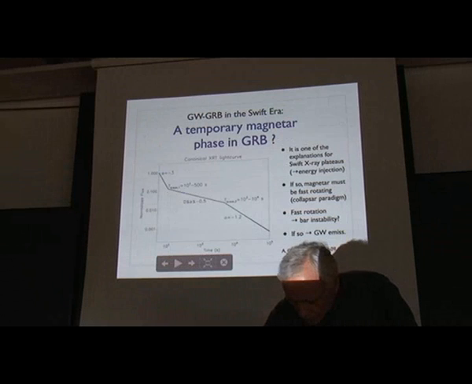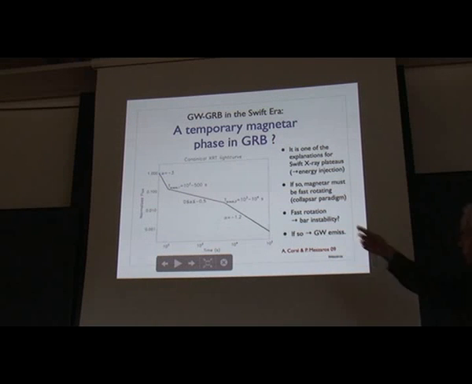So the idea was that you have these flat spectrum X-ray light curves. And so one possibility is that maybe you have a temporary magnetar that's injecting energy. Now, that has some difficulties because you might expect then the breaks, or the changes of the light curve, to be achromatic, and sometimes they're chromatic, sometimes they're achromatic.